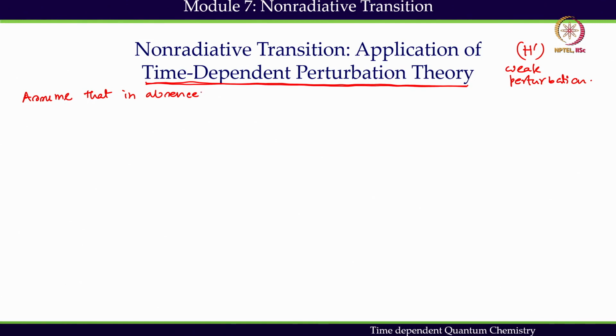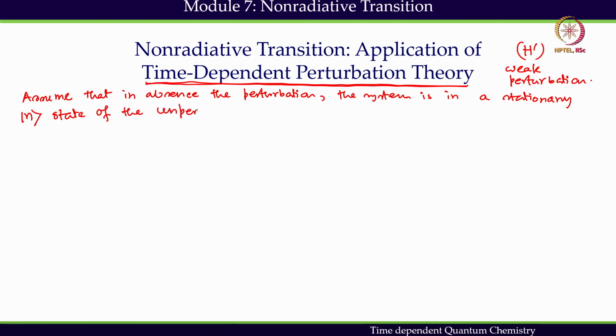So, first you assume that in absence of the perturbation, that interaction process, the system is in a stationary, let us say n, state of the unperturbed Hamiltonian.